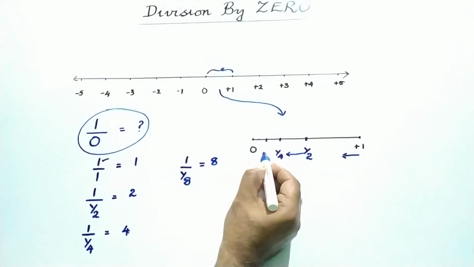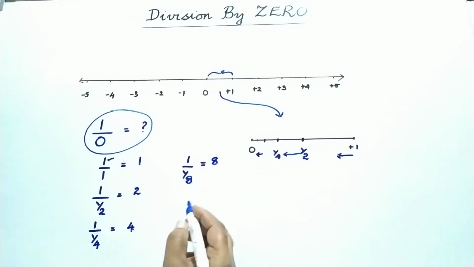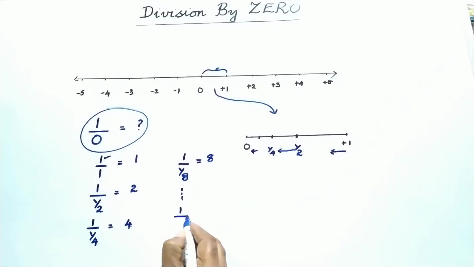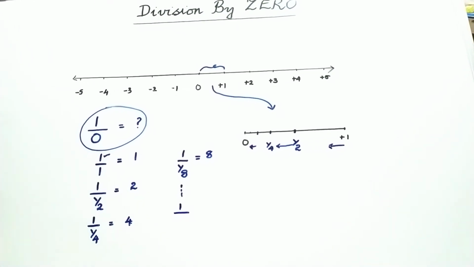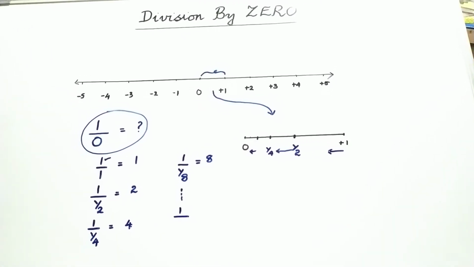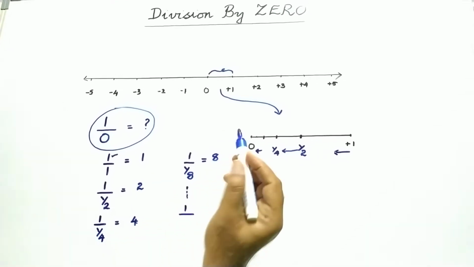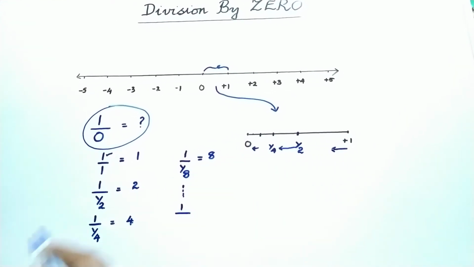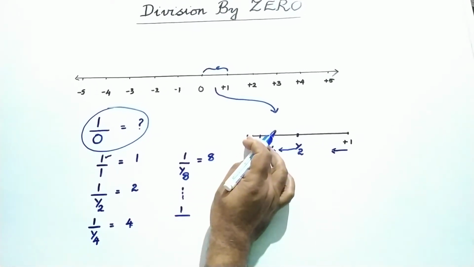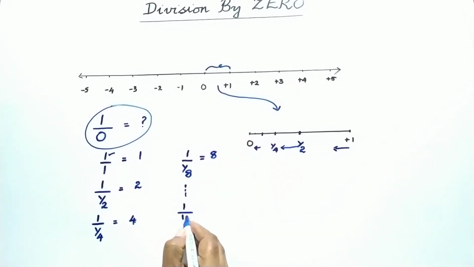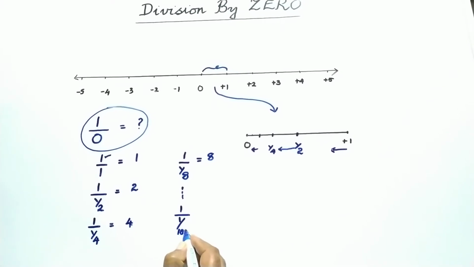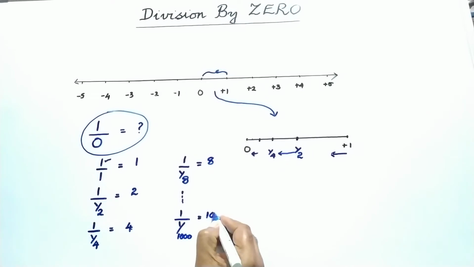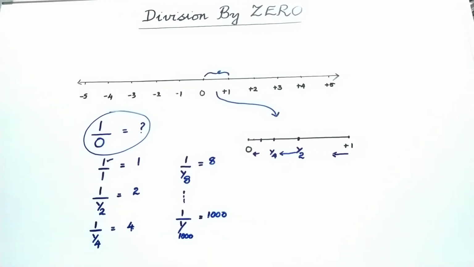I still come nearer to 0, and as I already told you, I do not know how many points there are between 0 and 1. If I come very near to 0, say 1 by 1000, the answer will be 1000.